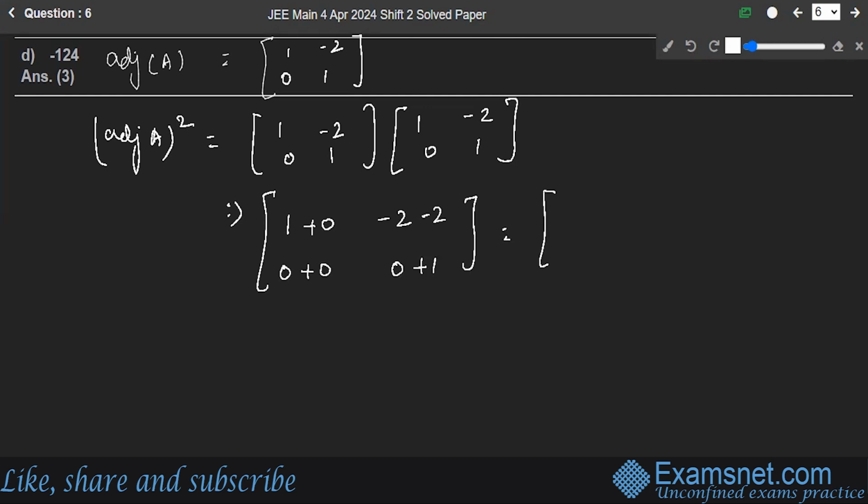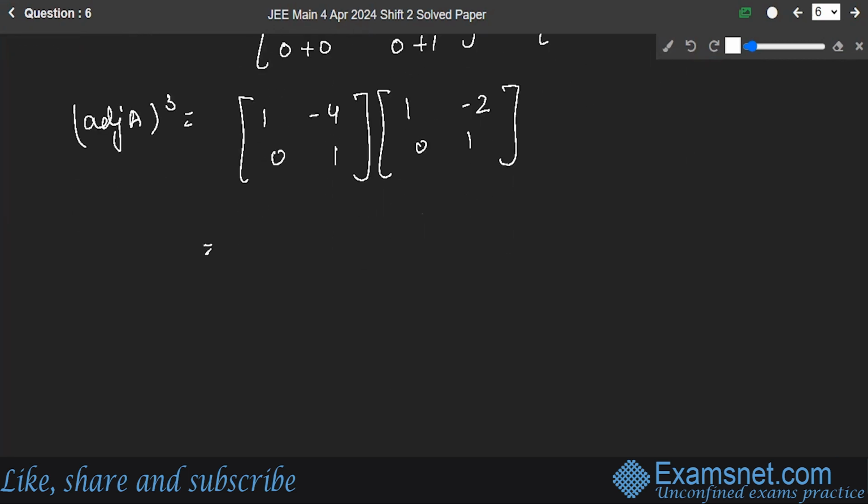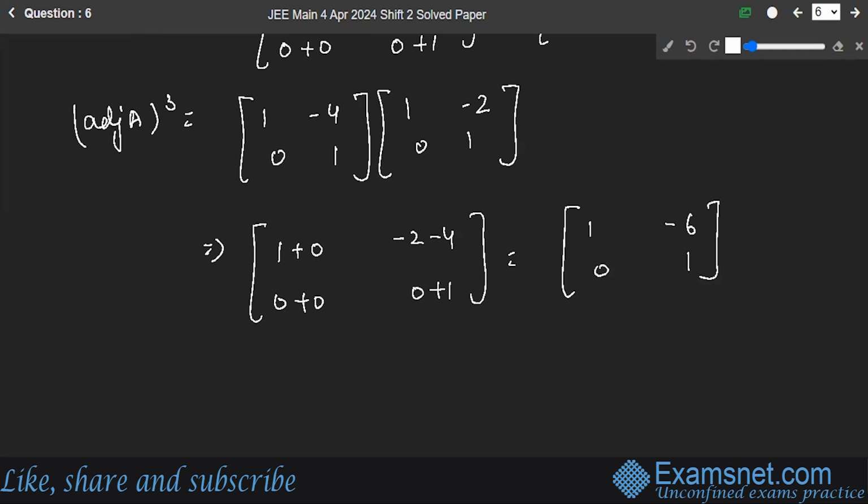This gives me 1, -4, 0, 1. Then adjoint of A cube will be 1, -4, 0, 1 times 1, -2, 0, 1, which is 1, -6, 0, 1. Okay, this is adjoint of A cube.